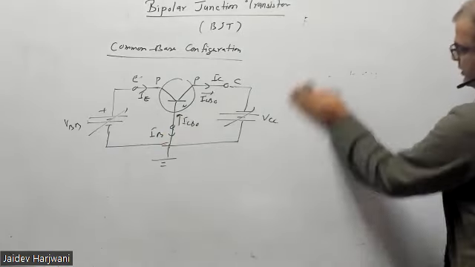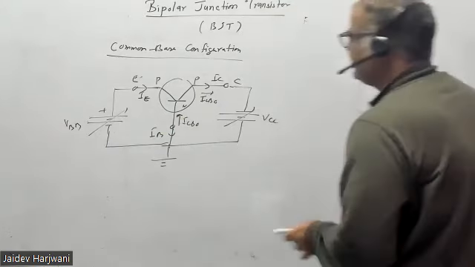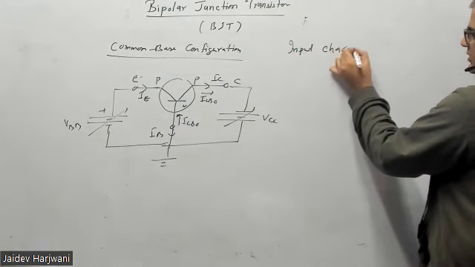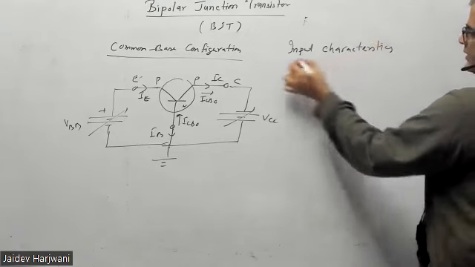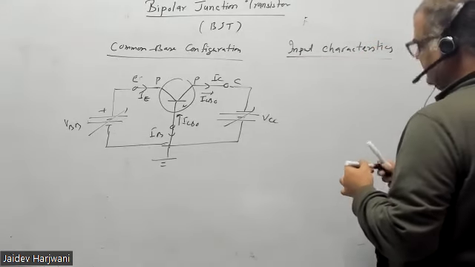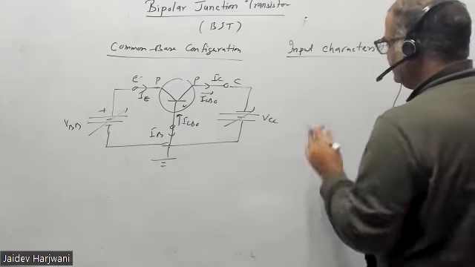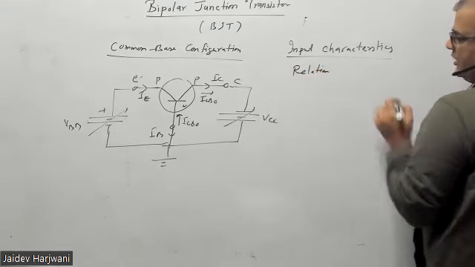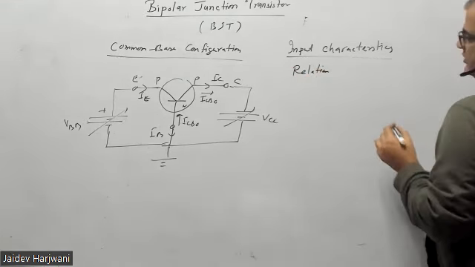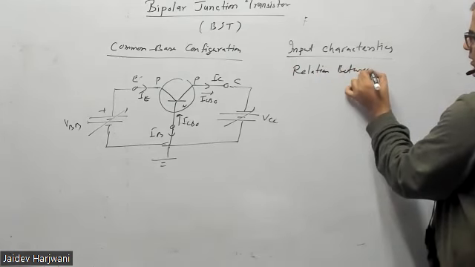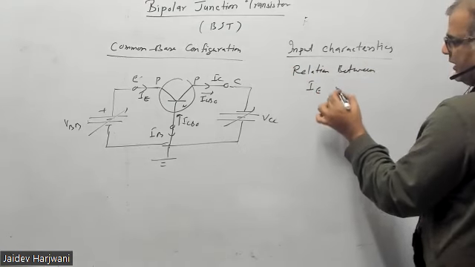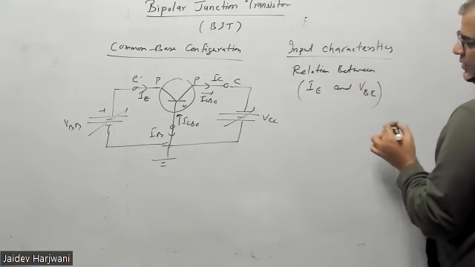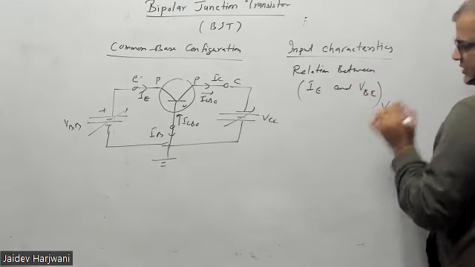Now, input and output characteristics of common base configuration. First discuss input characteristics. Input characteristics means the relation between input current and input voltage, that is, between IE and VBE, keeping the output voltage VCB constant.